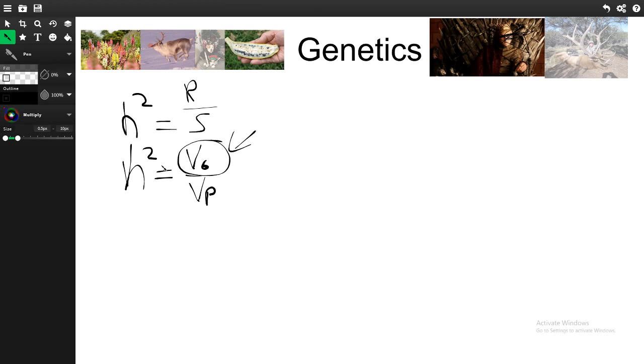If they have been selected for a long time, again, the VG value is exhausted, meaning that really only environmental factors can change the phenotype. If you remember, VG plus VE equals VP. And if VG is very low, all you have left is the variation due to environmental factors.